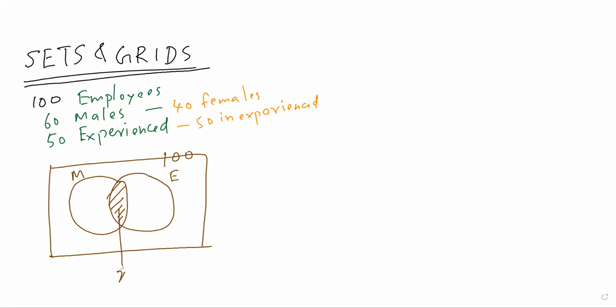If I mark this as X, X represents the number of experienced males. Since M is 60, this is 60 minus X. And since E is 50, this portion is 50 minus X, and that represents females who are experienced.